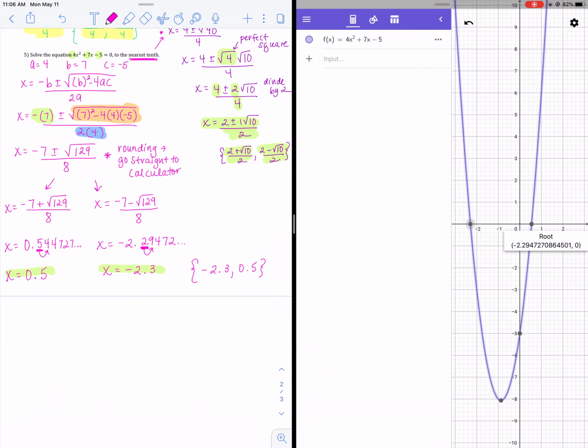They're right here. Now look at that number. That first one on the left is a negative 2.294727. That's exactly what we got. If I touch on the other one, it should be 0.544. So you know you did it correct, okay? You could do that for any of your answers, especially when it's rounded to the nearest tenth. You could double check in your calculator to see.